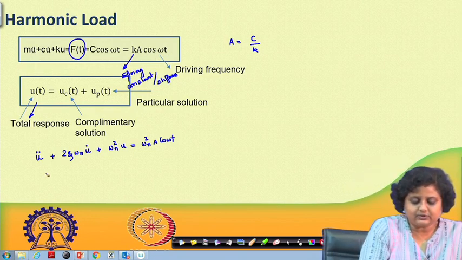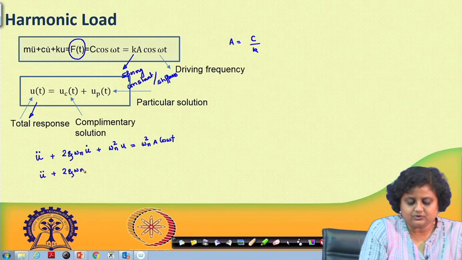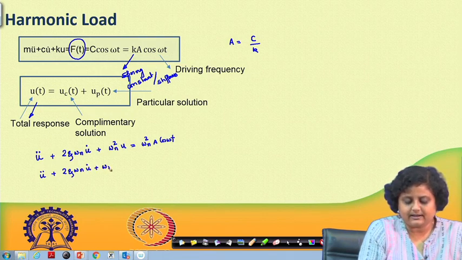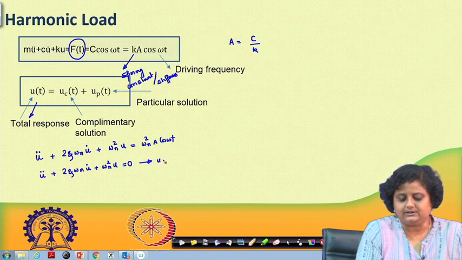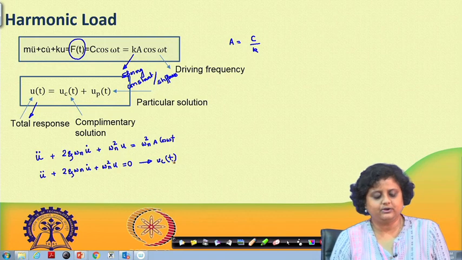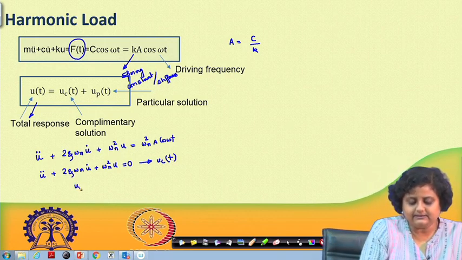So, what is u c t? U c t is the solution of the homogeneous part of the equation, that is u double dot t plus 2 zeta omega n u dot t plus omega n square u equal to 0. We have already found the solution u c t in the earlier lectures, so let me directly write its form.